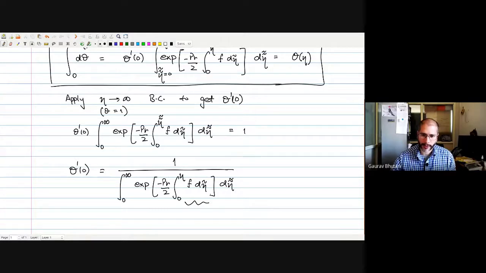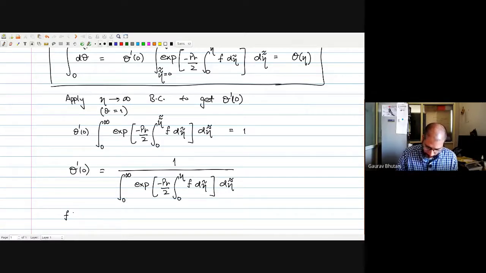So in the Blasius equation, remember we talked in the beginning of the lecture that for fluids, this nonlinear ODE that we obtained for f was solved by Blasius in terms of an infinite series solution around eta equal to 0. I told you that I'll write that later. Now we need that to be able to solve for theta prime 0.